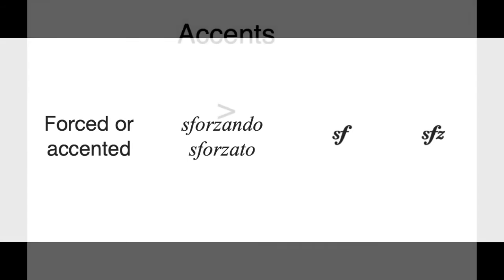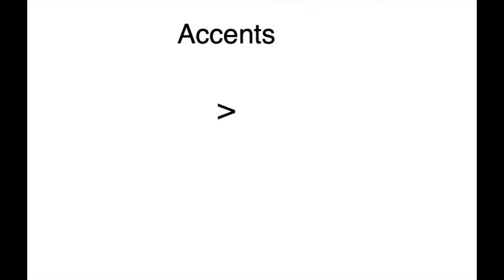They mean the same thing from the point of view of the musician. And these two are abbreviated as SF or SFZ. Don't forget also, if you want to put an accent into a piece of music, you don't have to use SF or SFZ or the word sforzando or sforzato. You can just use the little accent sign.